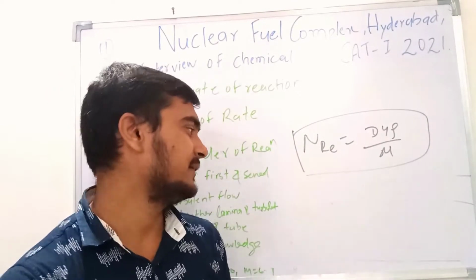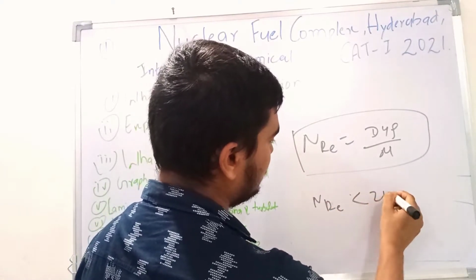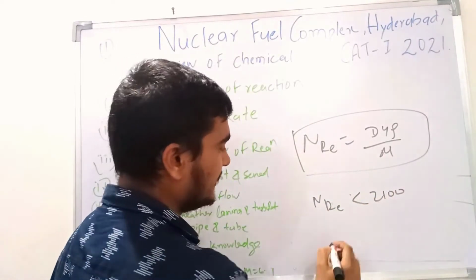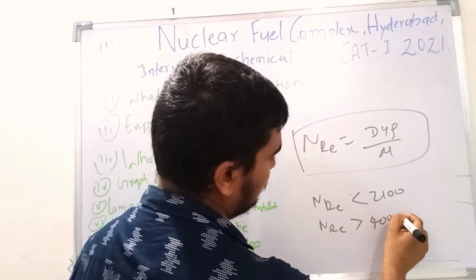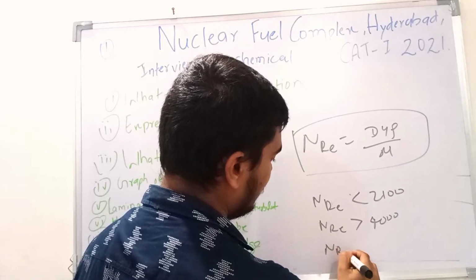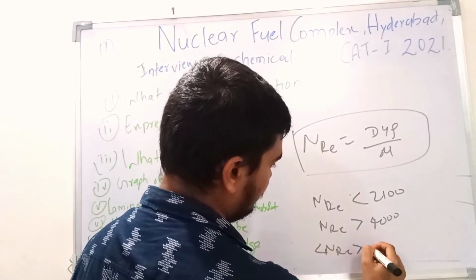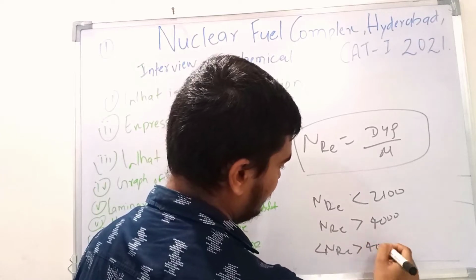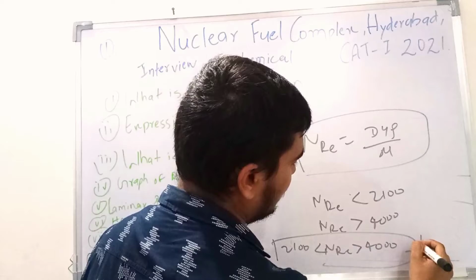You can easily find whether N_Re is less than 2100 or N_Re is greater than 4000. N_Re between 2100 and 4000 is called the transition region.